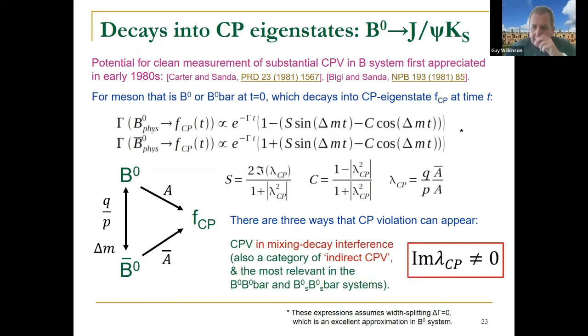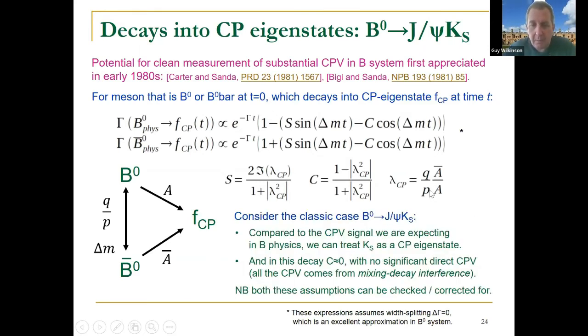And then something which is most relevant for our discussion today is the case where you have CP violation in the interference between these two decay paths. This is the most relevant, and it's given by the imaginary part of this ratio, q A-bar over p A, being not equal to 0.